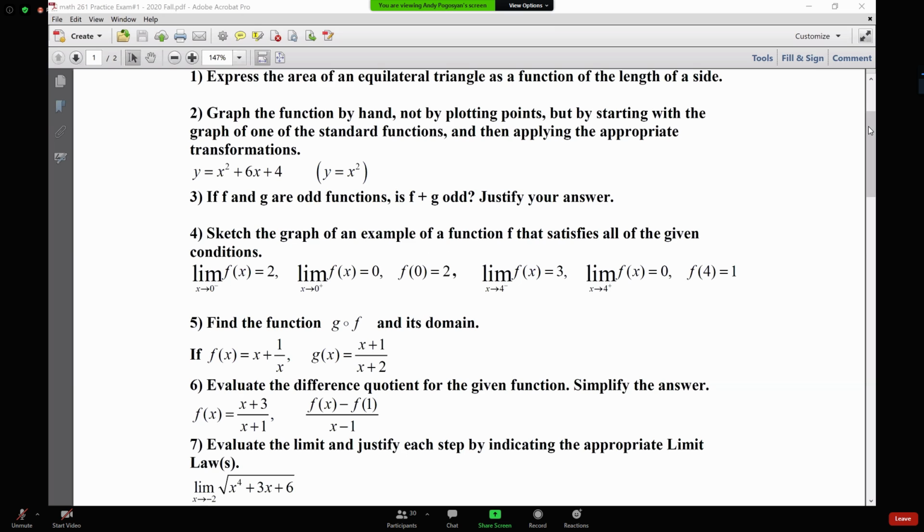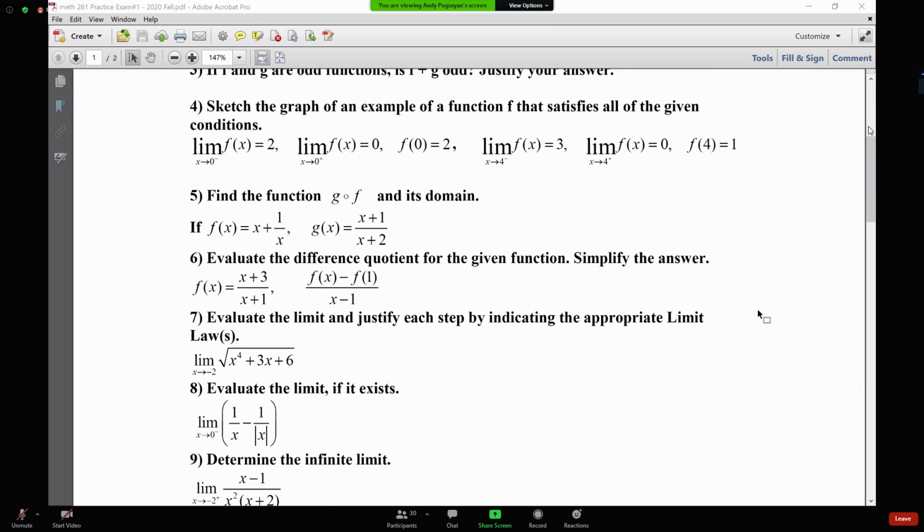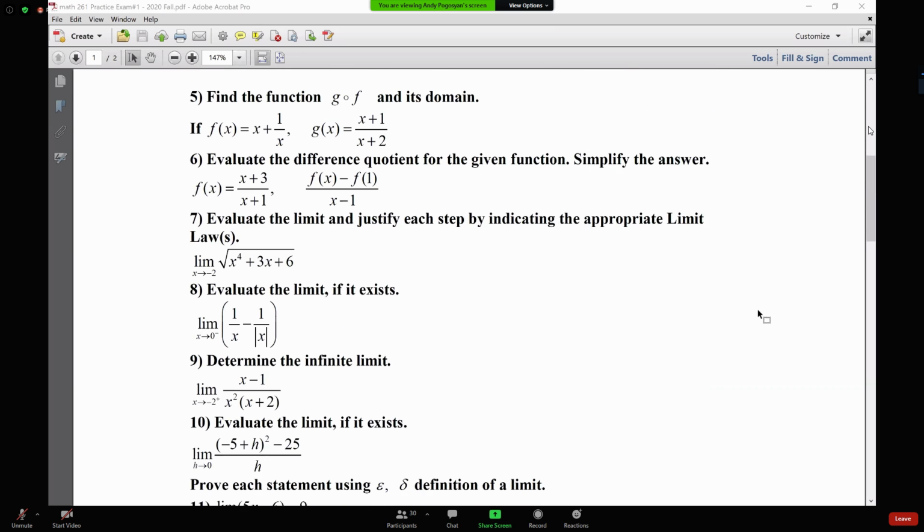Okay, number 4 and 5, we did. Number 6. Evaluate the difference quotient for the given function. f of x is x plus 3 over x plus 1, minus f of 1.